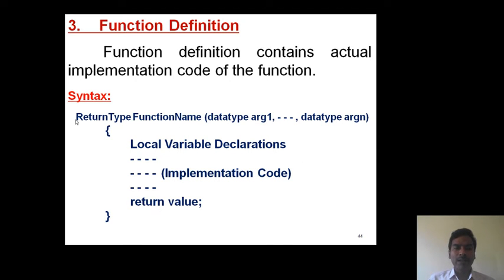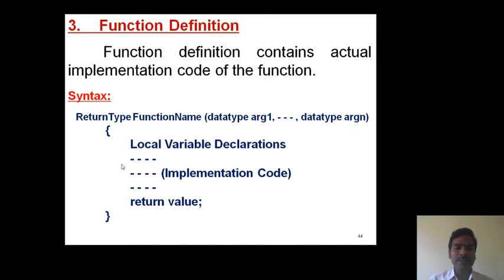The statement must match the function call and function prototype statements. The arguments placed in the function definition are called temporary arguments. These arguments store the values which are passed from the function call temporarily.